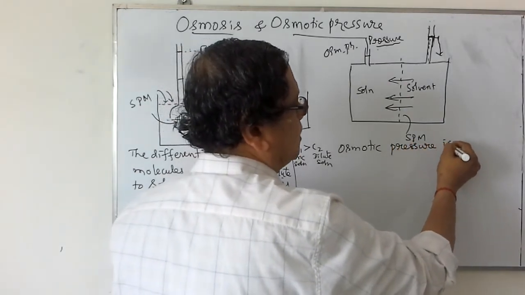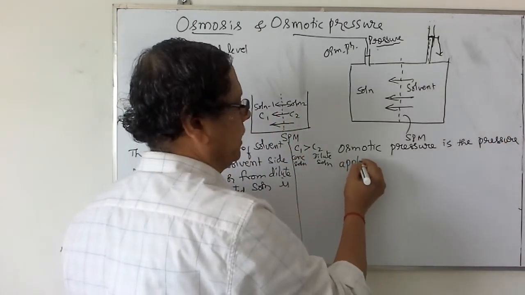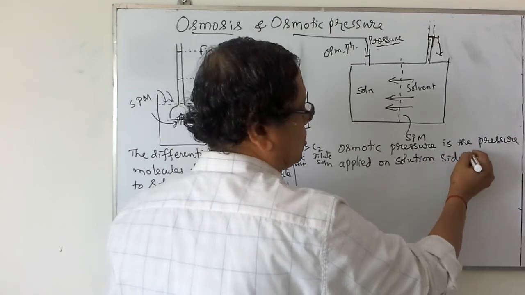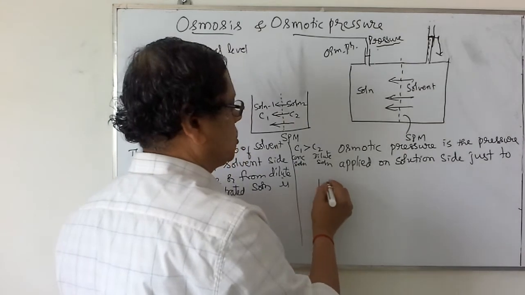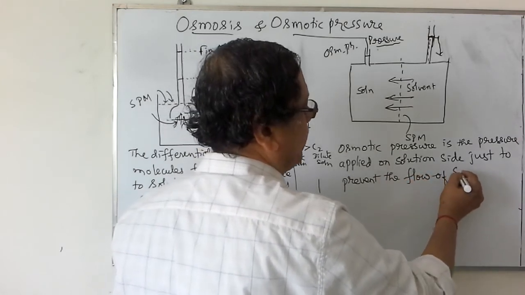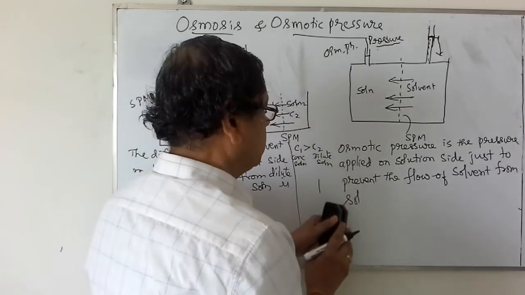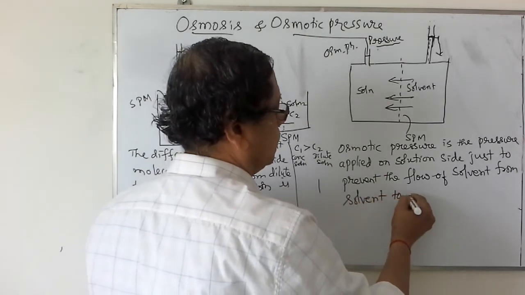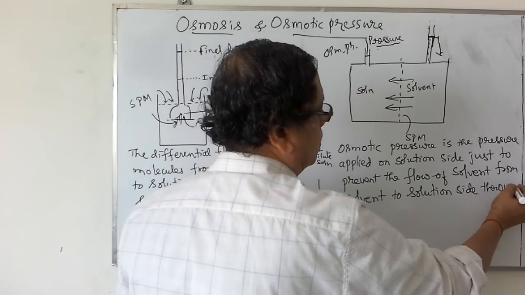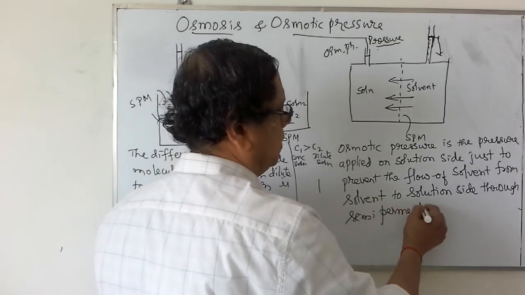Osmotic pressure is the pressure applied on solution side just to prevent the flow of solvent from solvent to solution side through semi-permeable membrane.